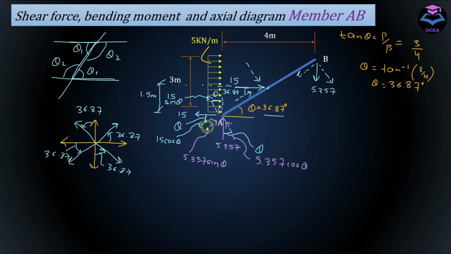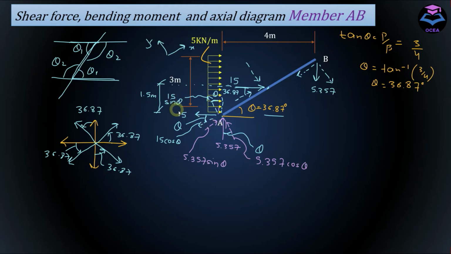After resolving the forces into their components, let's calculate the net internal force at point A. One thing I forgot to add here is that the local axis for the member AB is as follows. We have the x-axis along the length of the member and the y-axis perpendicular to the length of the member.